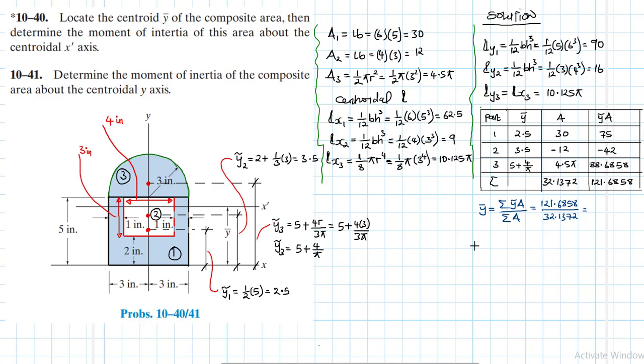So this gives us 3.786, 3.79 inches. All right. So this is the final solution for the y bar.